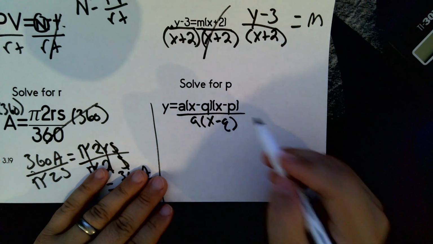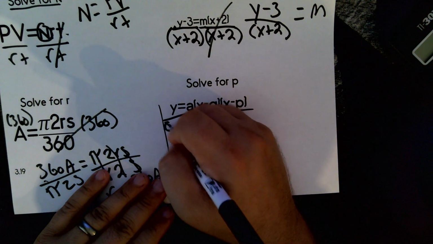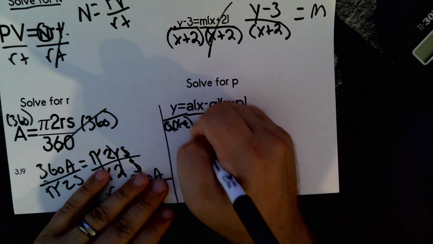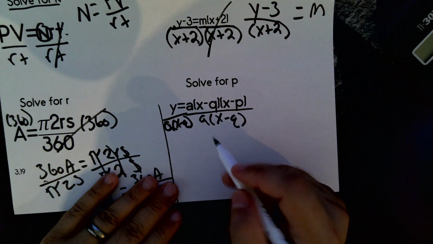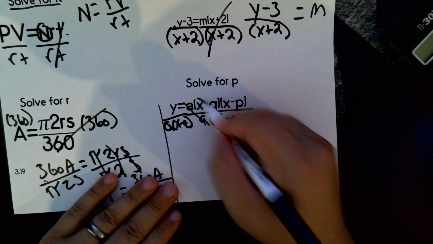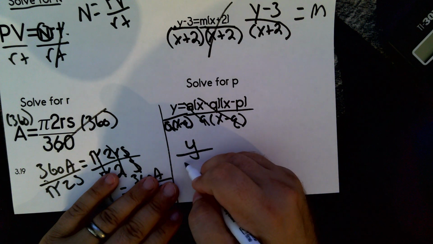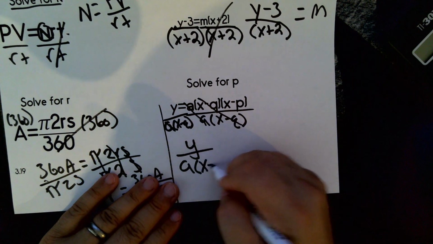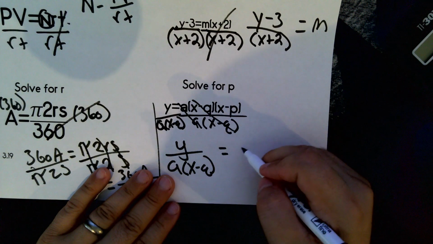So I'm going to divide both sides by a times x minus q. It's getting a little messy here, so I'm just going to rewrite it. Going to get rid of the a, get rid of the x minus q, and this is going to be y divided by a times x minus q, and that's going to be equal to x minus p.